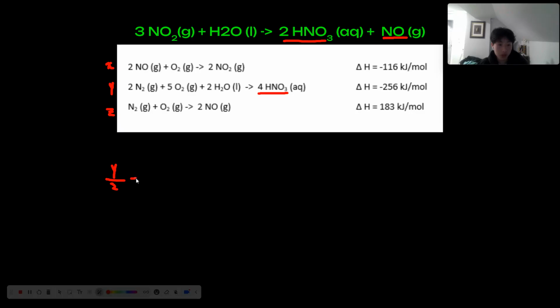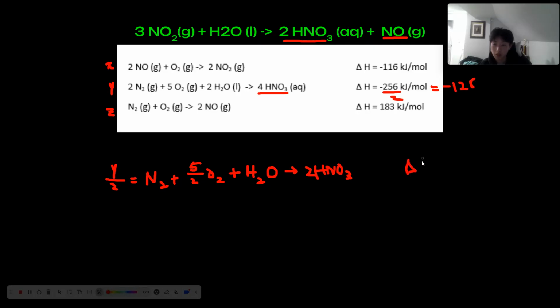That will yield N2 plus 5/2 O2 plus H2O will yield 2HNO3. And since we divided our Y by 2, we must also divide our delta H by 2. So we'll be left with negative 128 kilojoules.